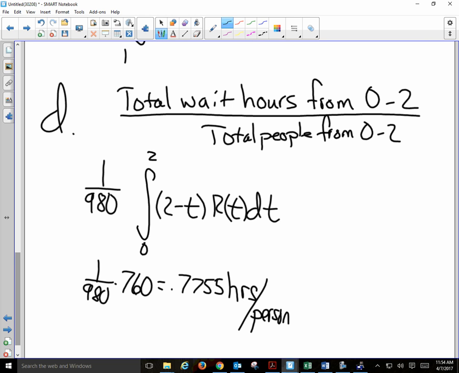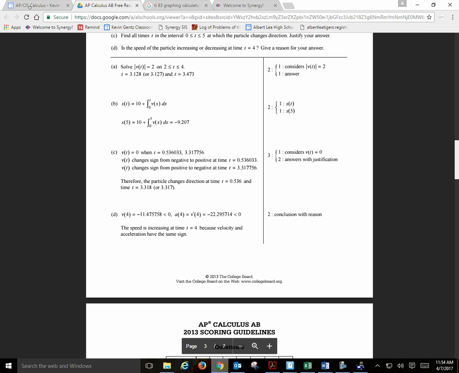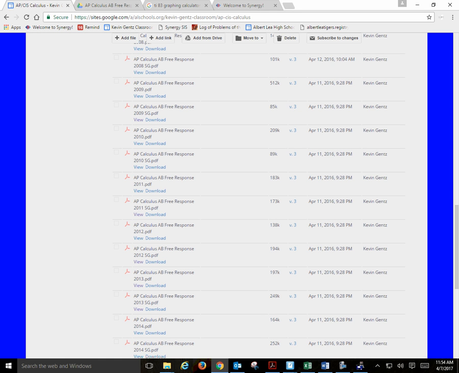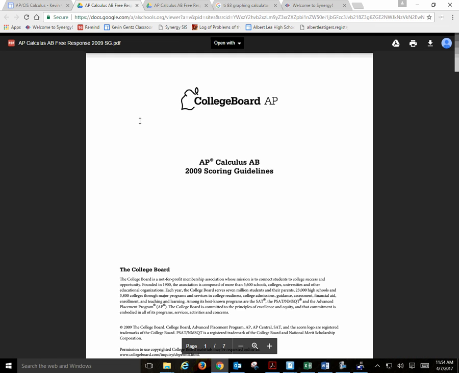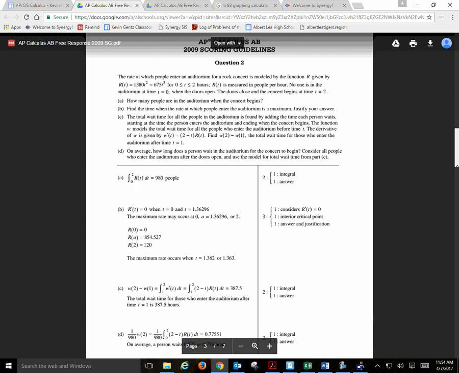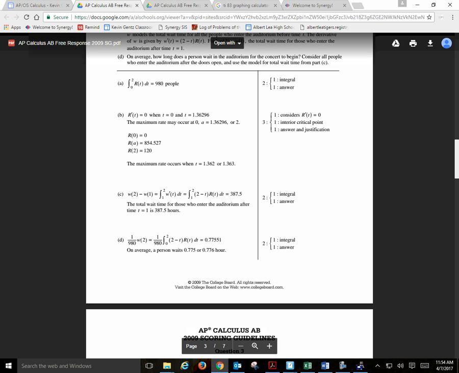So again, if I want to check that answer, I go to this section. Which problem? So the first one I got right. I did the 0 to 2 is 980. The second one, it says consider r prime t equal to 0.